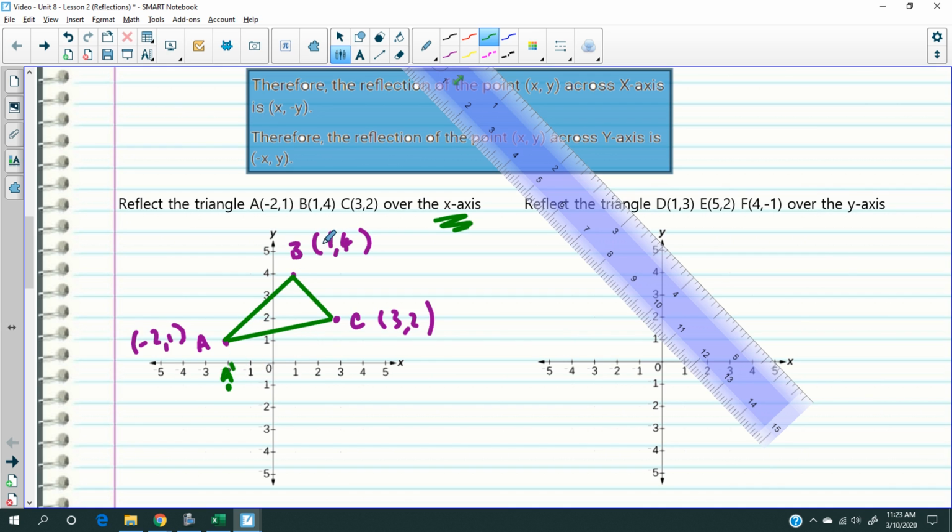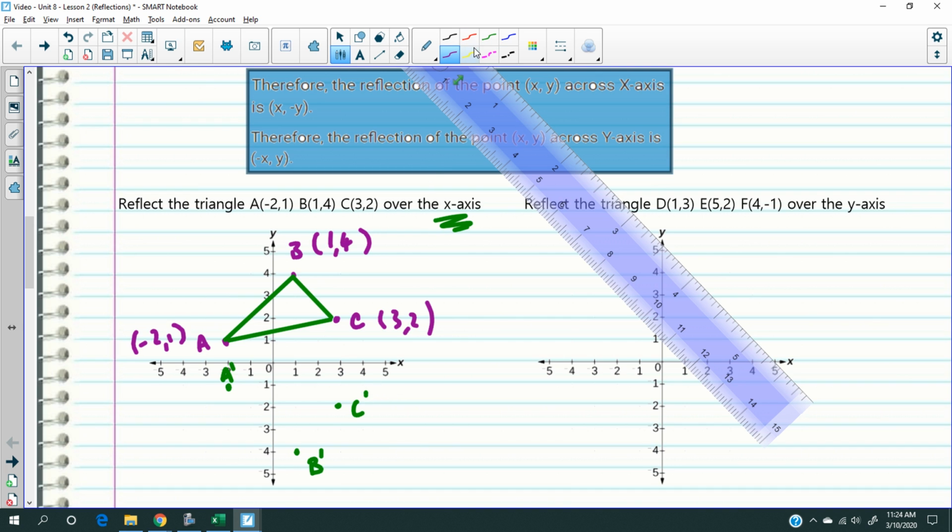For B, (1, 4) now becomes what? (1, -4). So this is B prime. I should make the pen thinner, actually. And lastly, (3, 2) becomes (3, -2). That's C prime.